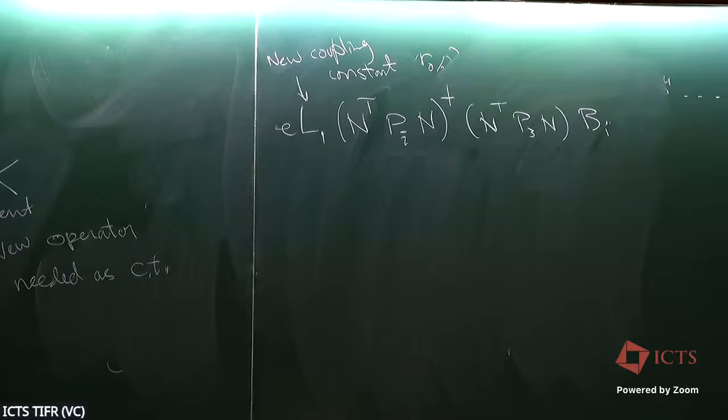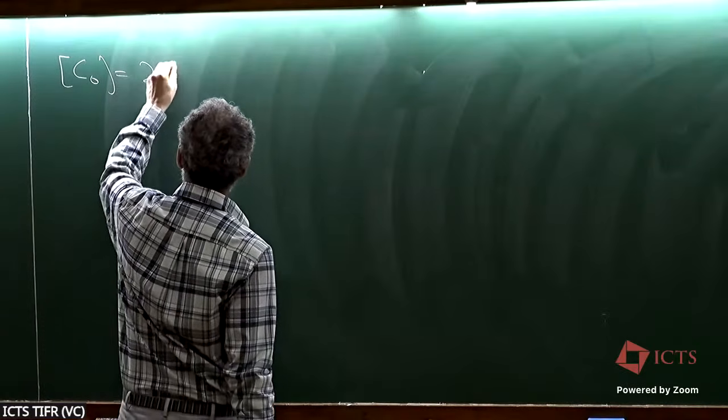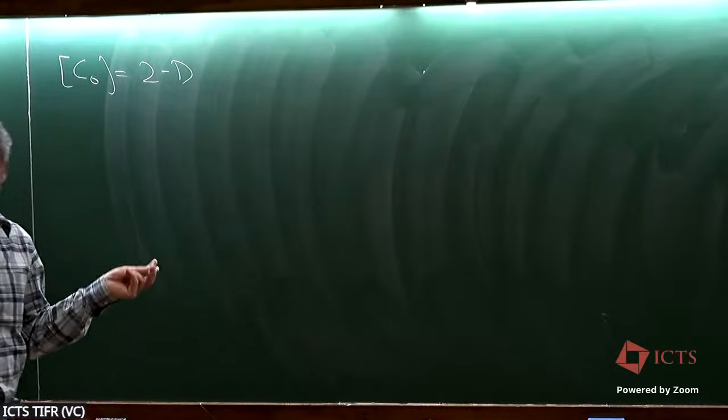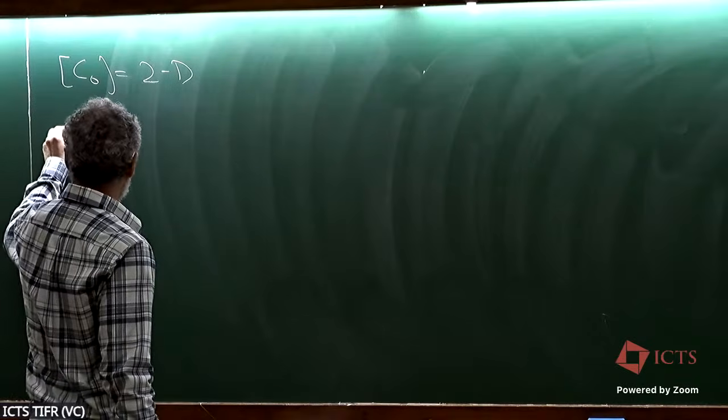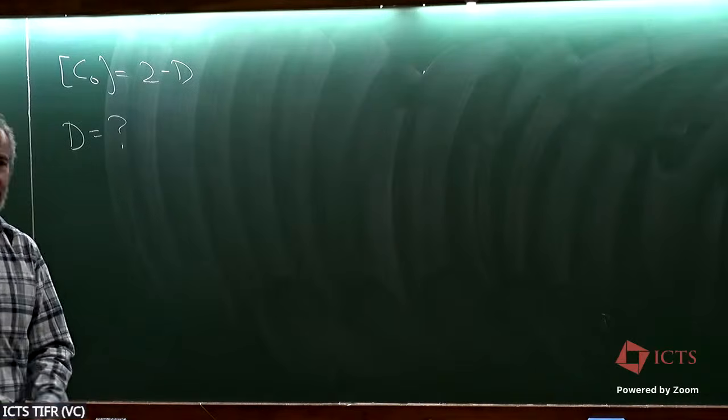So I want to go back to quantum mechanics for a few minutes. Remember, we said that if we do the non-relativistic scaling, the scale is like 2 minus d, where d is the space dimension. And so you might think something interesting happens at d equals 2, because then the classical theory is scale invariant. The scaling dimension of C0 is 0, so it behaves like a gauge coupling in 4 dimensions.